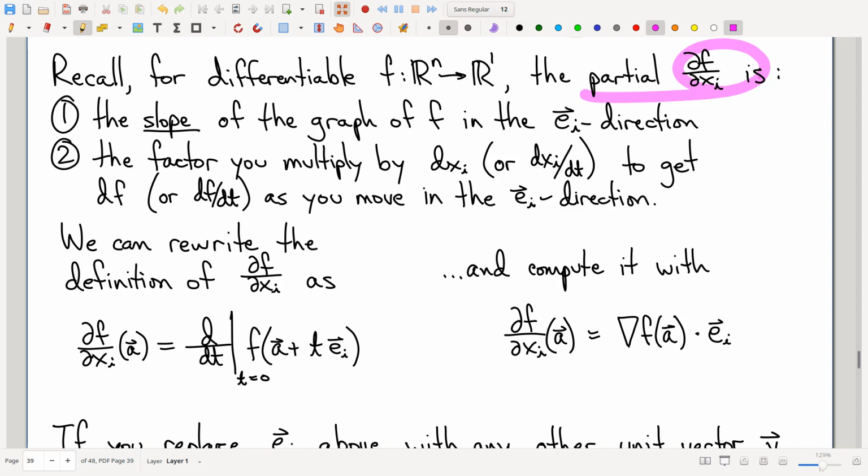So partial derivatives, whichever direction, whichever of these several variable axes represents the direction you're going, we know that it's the slope of the graph in that direction. We know it's a multiplicative factor as you move in that direction. And I claim we know a few other things about it. These formulas that follow we haven't actually written down yet. This one over here is actually kind of a freebie.